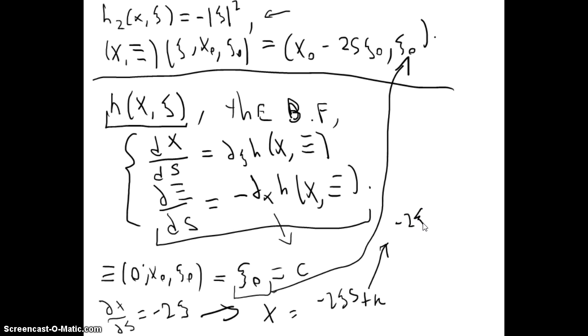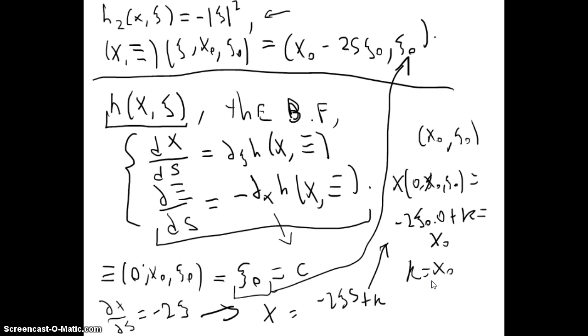Now we are applying the initial condition X(0, x naught, xi naught). That will give us minus 2 multiplied by 0 plus k, and it has to be equal to x naught, because the initial conditions say this has to be equal to (x naught, xi naught), and so this will be 0, and now we have that k is equal to x naught. So this gives us exactly what we were expecting.